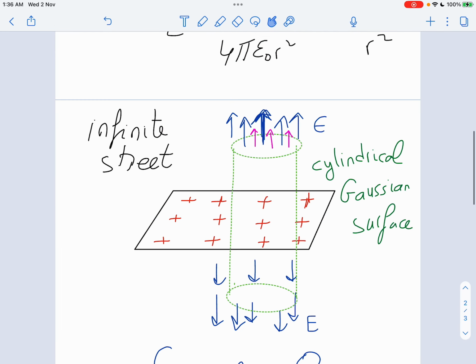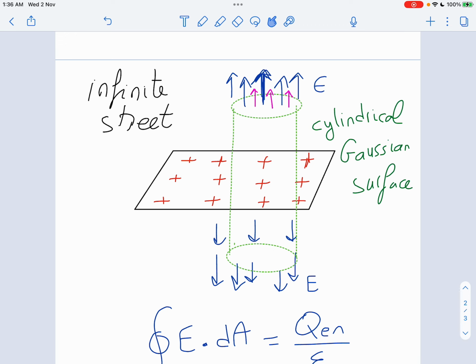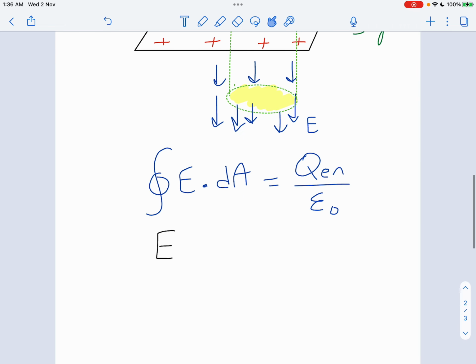For the integral of dA, we can see that the electric field is only passing through the top surface and the bottom one. So if I consider the yellow area to be A, how many areas do I have? One on the top, one on the bottom.